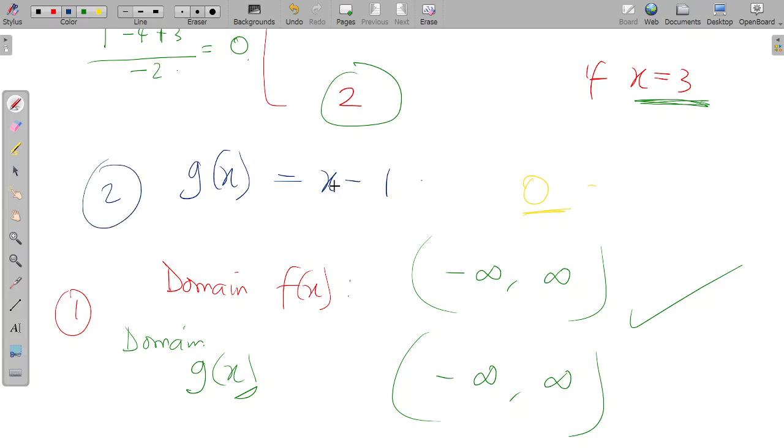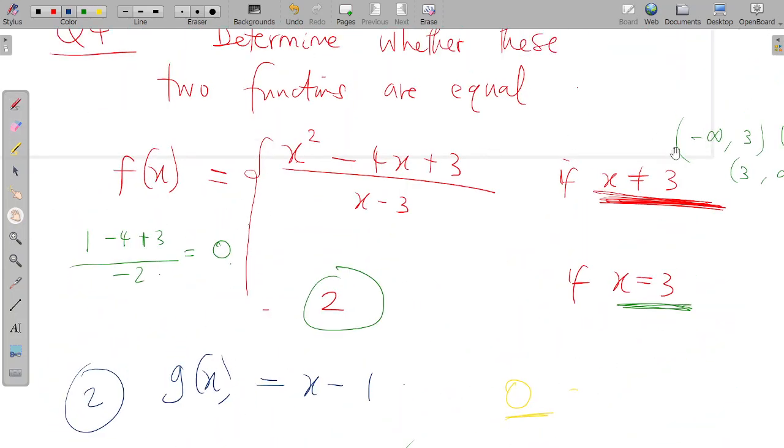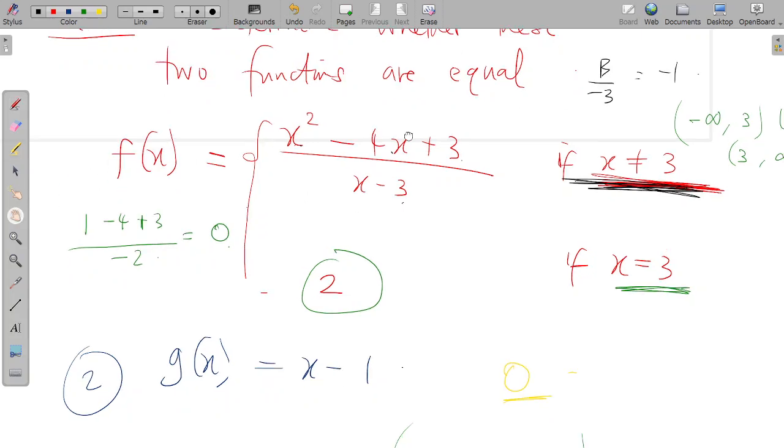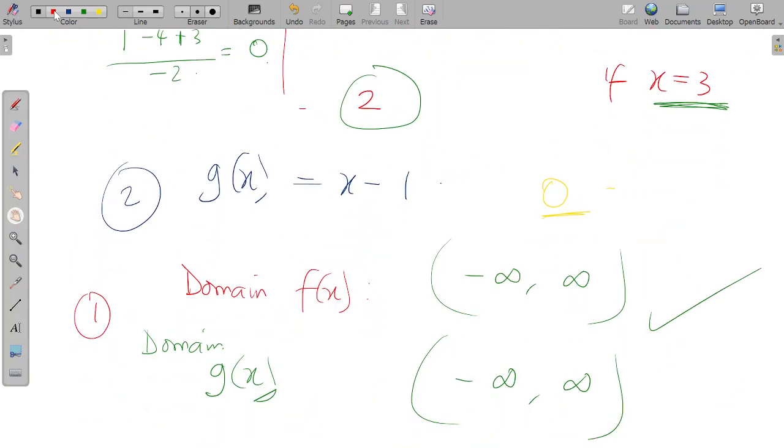Now let me pick another number and then I conclude. Let me pick 0. If I pick 0 in f of x, I will fall into this place. So this will be 0 squared minus 0 plus 3 over minus 3, which is negative 1. If I put 0 in g of x, I'm also going to get negative 1.